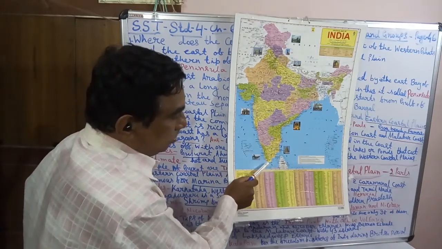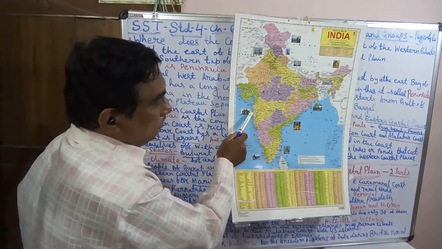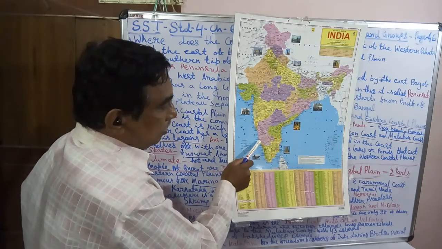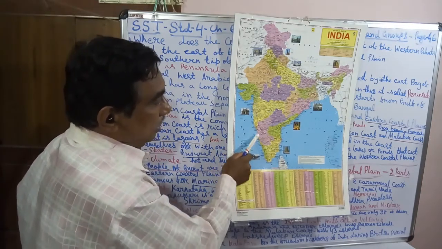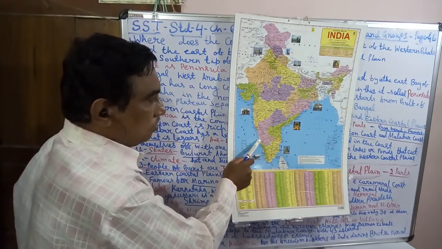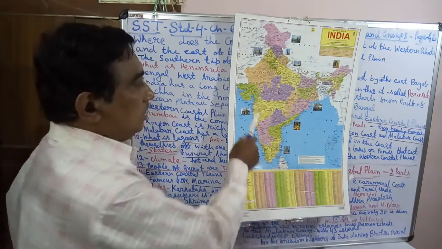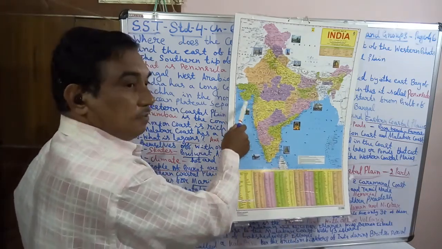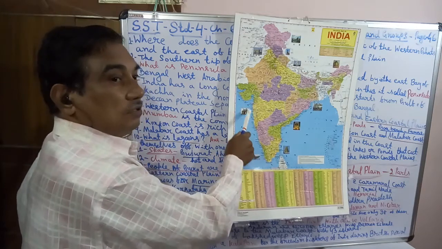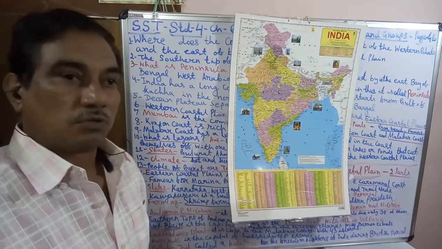Malabar coast is from Kerala to Kanyakumari. The Konkan coast is from Maharashtra to Karnataka, including Goa. Here is the Kathiawar coast, Konkan coast, Malabar coast.